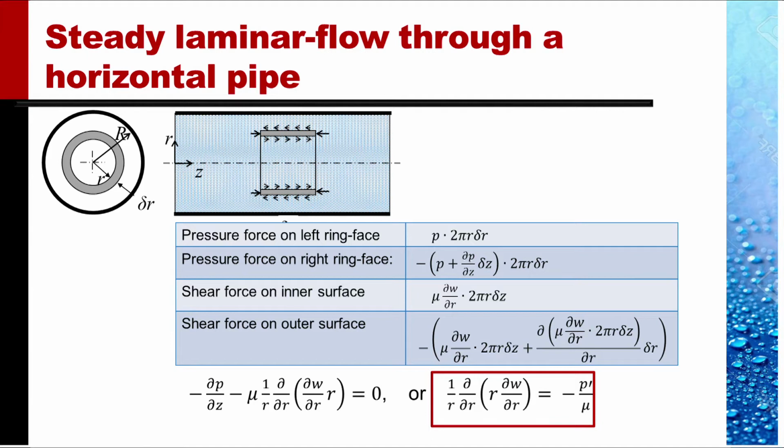If we take the sum of all these forces, we get this result, and this now is the equation that governs the flow through a pipe, a fully developed steady flow of an incompressible fluid.